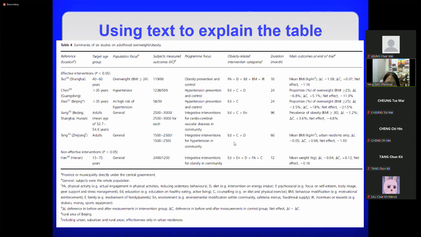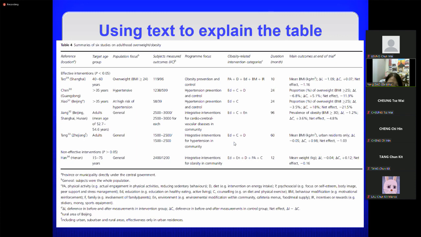So this table is actually a summary of 6 studies in terms of adulthood overweight and obesity. So here's the reference and the characteristics of the study group.